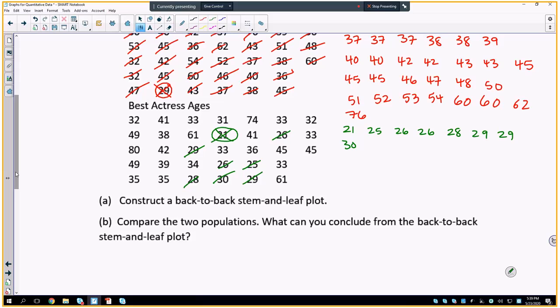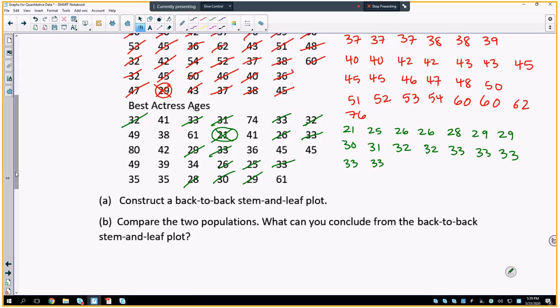Then I see 31. 32, a couple of them at least. 1, 2. 33, I see 1, 2, 3, 4, 5. 1, 2, 3, 4, 5.